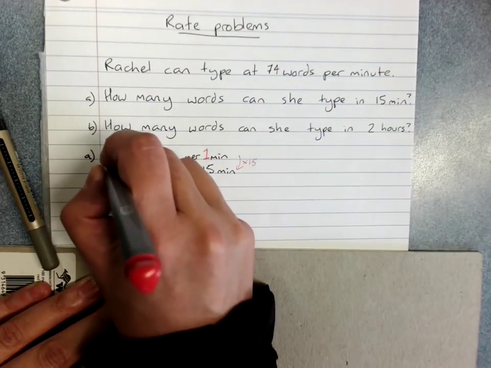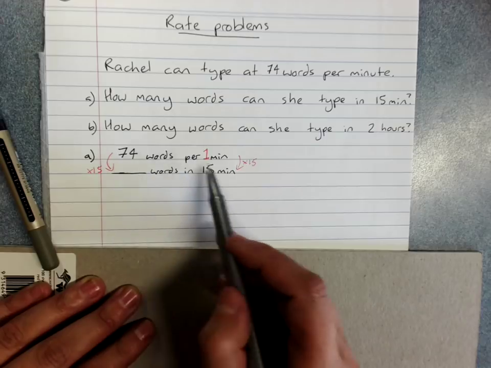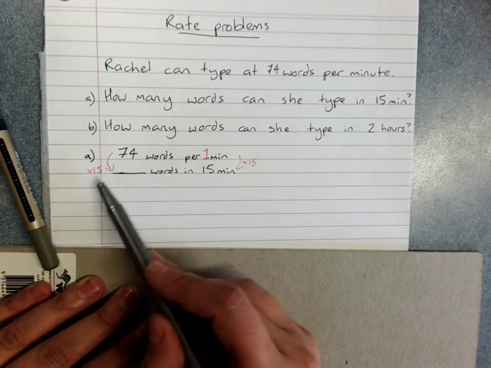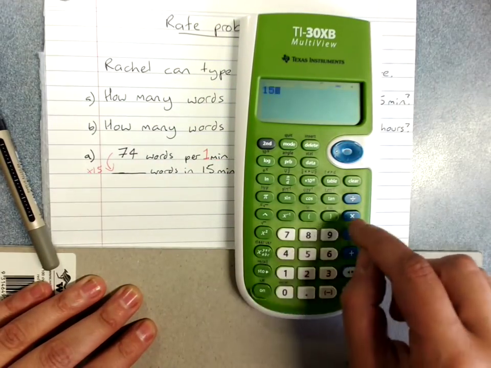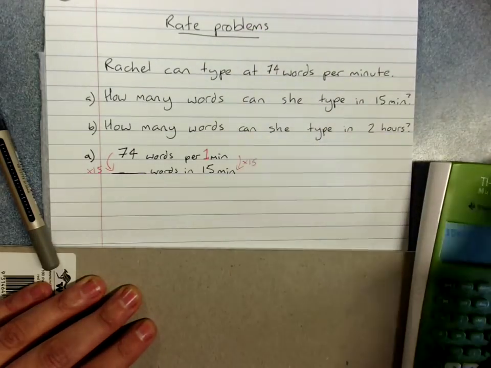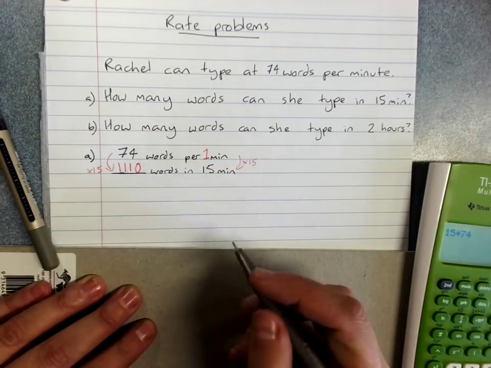We've got to do this times 15 as well, because if it's 74 words in 1 minute, it's going to be 15 lots of 74 in 15 minutes. We grab our calculator. 15 times 74, that's 1,110 words in 15 minutes.